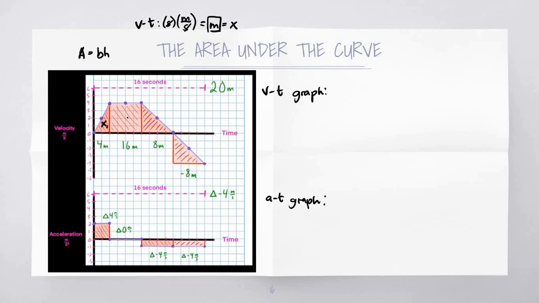So this is x sub 1, x sub 2, x sub 3, and x sub 4. If we're solving for the area of x sub 1, you'll use the formula for the area of a triangle, and for x sub 2, the formula for the area of a square, x sub 3, area of a triangle, x sub 4, area of a triangle.